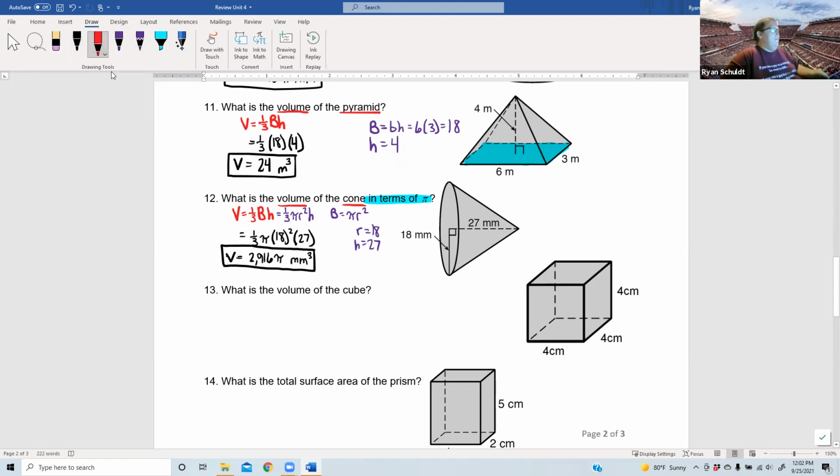13. What's the volume of a cube? A cube? What does a cube look like? It's really a prism, to which our formula is big B times the height of the prism. So it's a rectangular prism. That means the base would be the side it's sitting on.